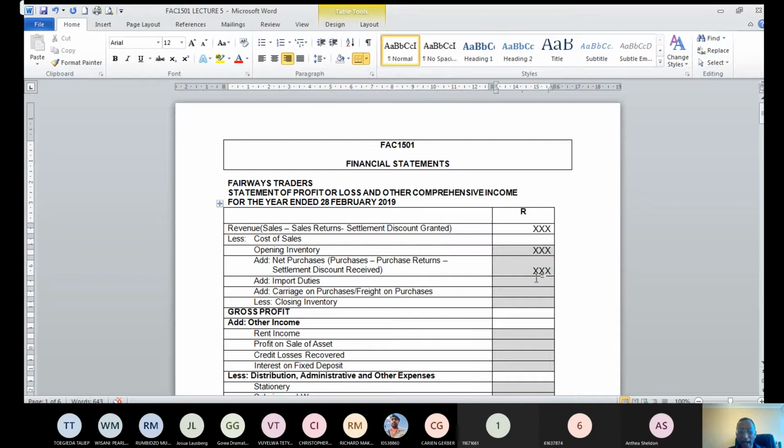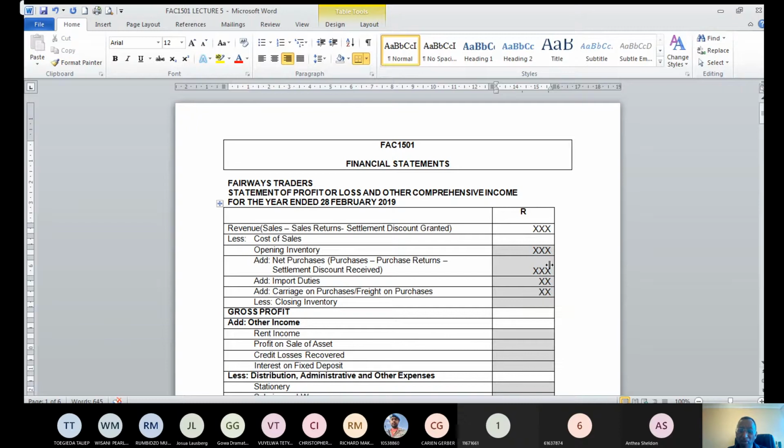Then you will also add into this now, part of your cost of sales will be all the costs that you have incurred in buying the stock and getting the stock to your premises. It may include items such as import duties, carriage on purchases, or freight on purchases.